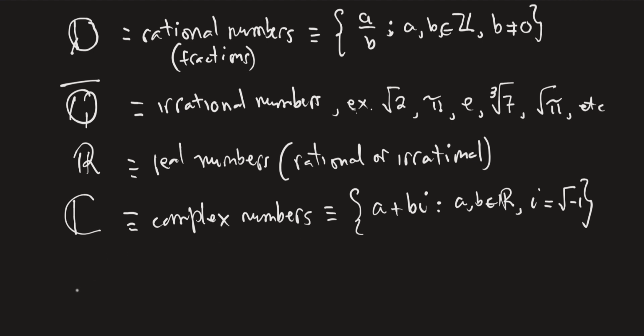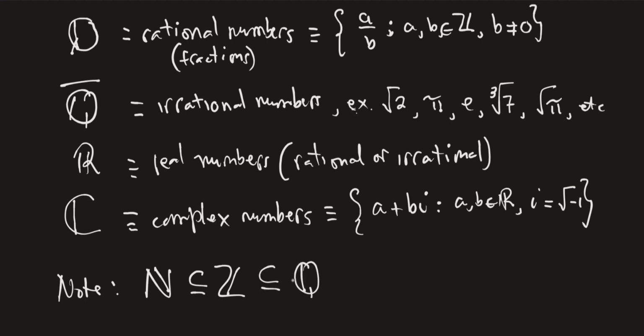If we were to, so I'll just write this as a note, that the set of natural numbers is a subset of integers, which is in turn a subset of rational numbers, which is in turn a subset of real numbers, which is further in turn a subset of complex numbers, right?